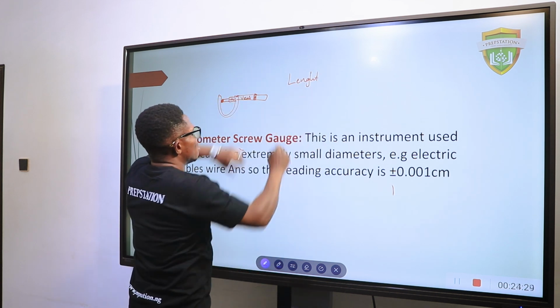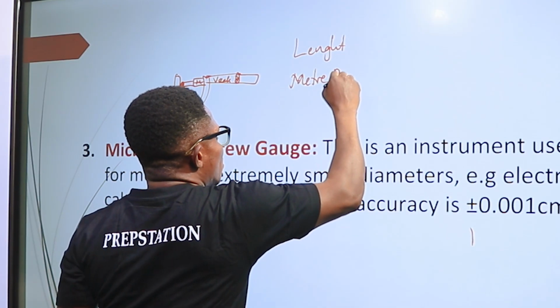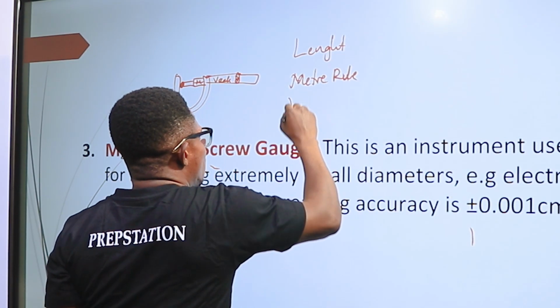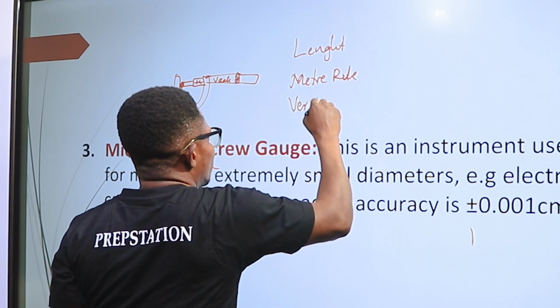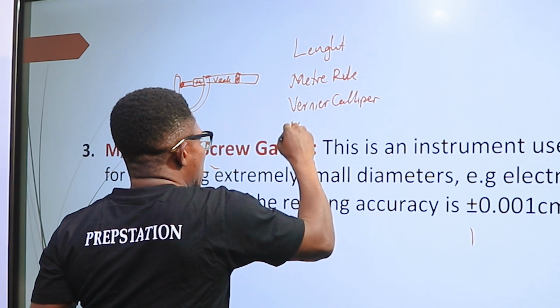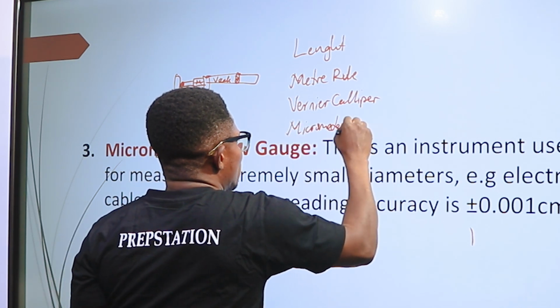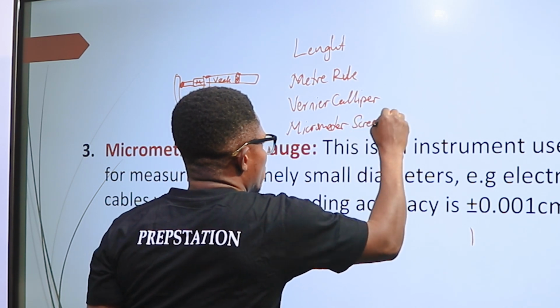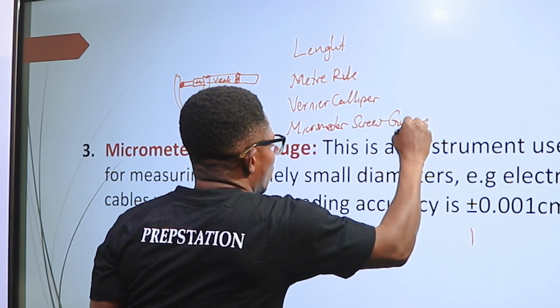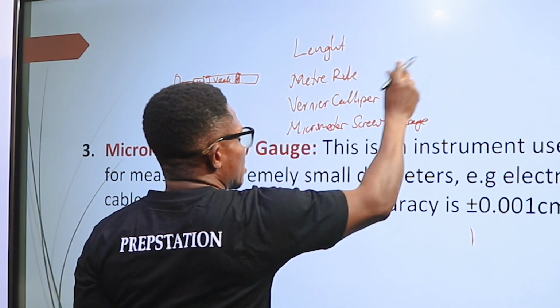So, as a summary: meter rule, vernier caliper, and micrometer screw gauge. These three are instruments used for measuring length. So let me do this as a summary.